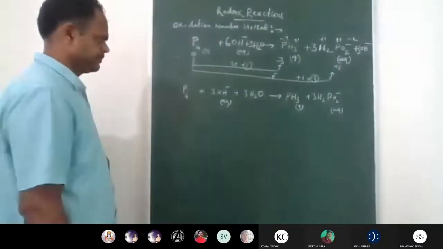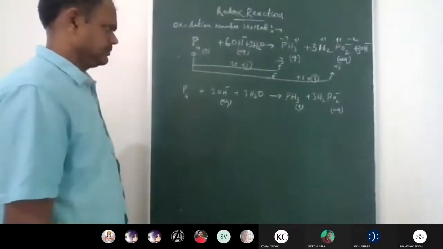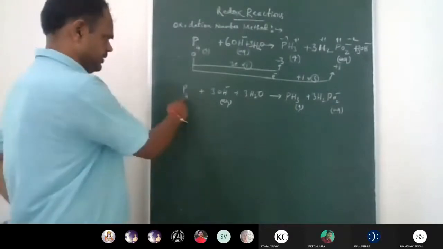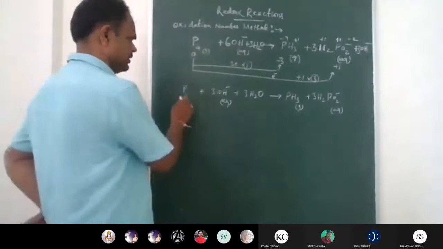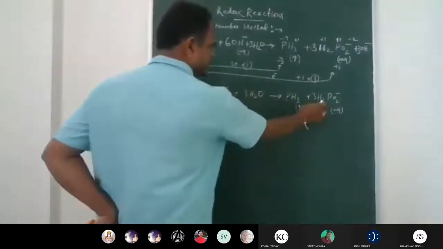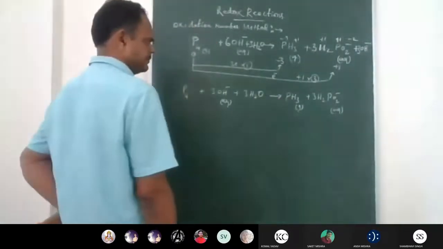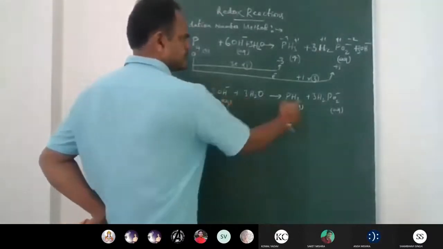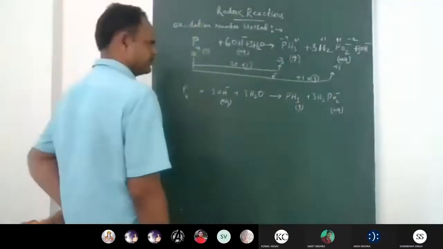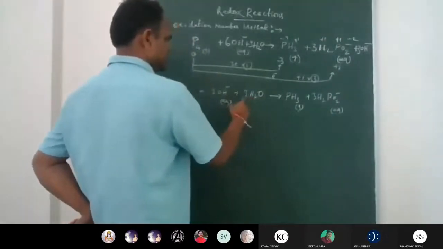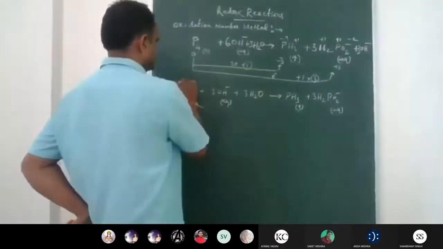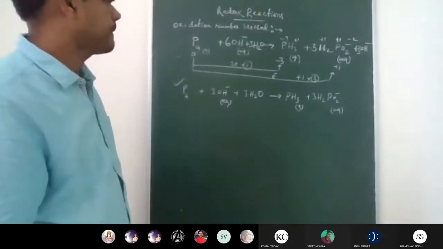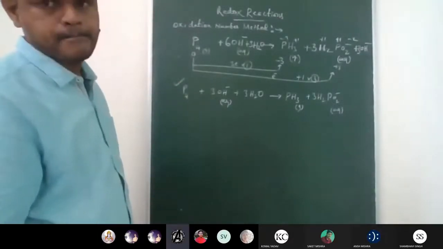Now you can check whether all the atoms are balanced. P4: 4 phosphorus atoms, 1 plus 3 phosphorus atoms are balanced. Oxygen atoms: 3 plus 3, which is 6. Hydrogen atoms: 3 into 2 is 6, plus 3, which is 9. The equation is fully balanced.